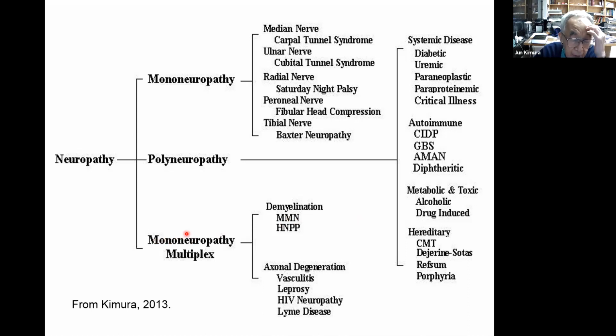A second classification that we might use, and again I don't have a slide, depends on which part of the nerve axon is affected. We divide it into neuronopathy, meaning the cell body is affected to begin with.